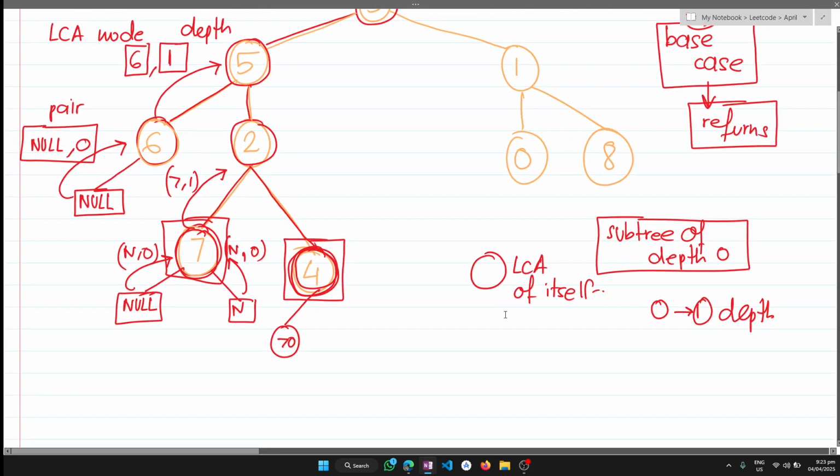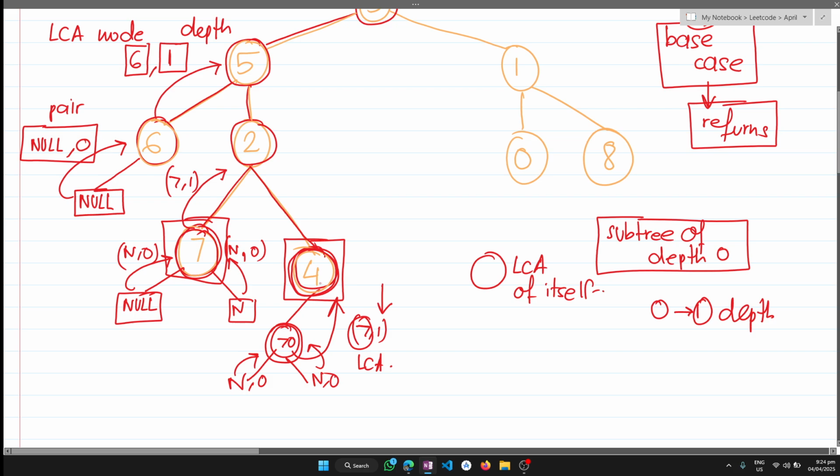Again, there's just a pattern, we are doing it repetitively again and again. So the left recursive call returns null comma 0, the right recursive call returns null comma 0. That lets me know that this is a leaf node. What this leaf node returns to 4 is 7 comma 1. So it communicates to its parent that I am the LCA of myself with this particular depth.